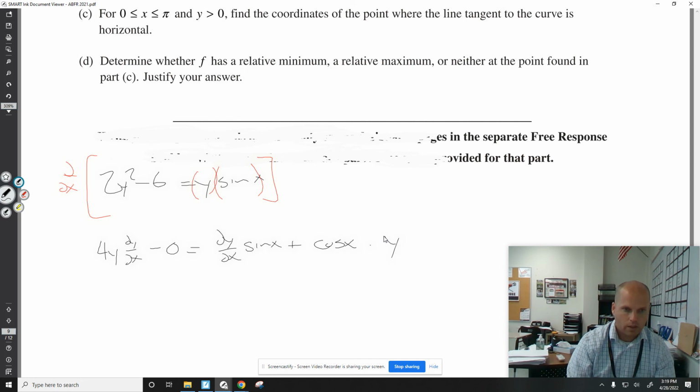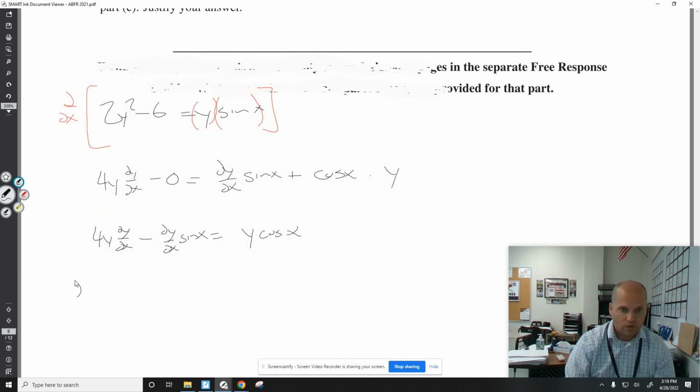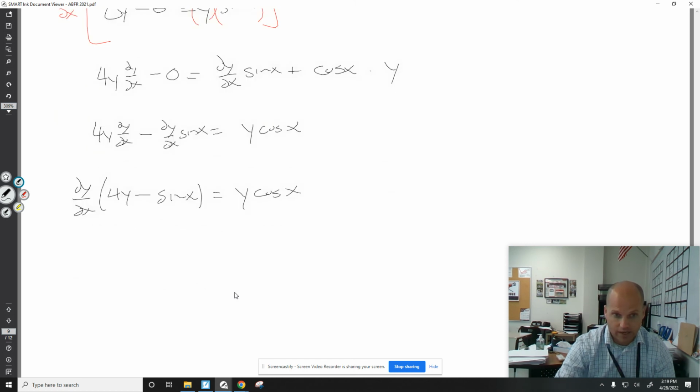Okay? Now we go through the process of moving everything with a dy dx onto one side, leaving the stuff without a dy dx onto the other, factoring, and dividing to solve.